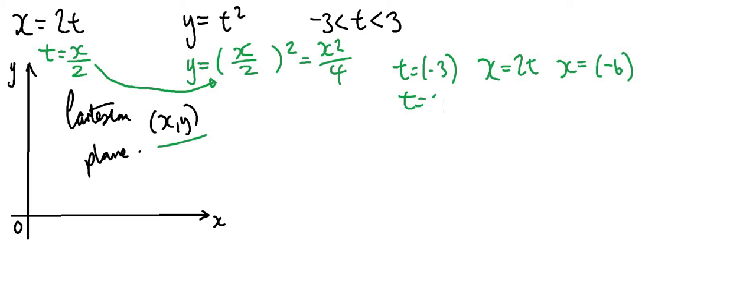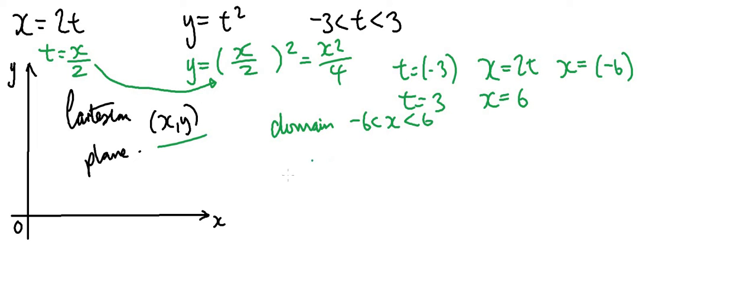When t is equal to +3, that means that x is equal to +6. So my domain is going to be x greater than -6, less than +6.